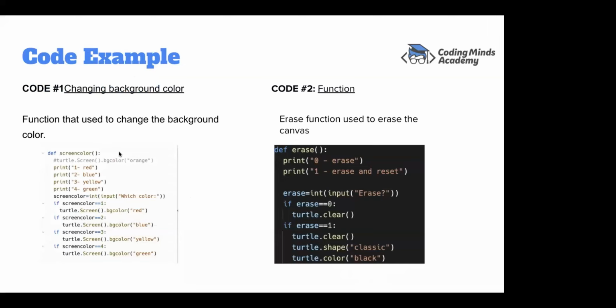And this is my code that I use to set it up. And this one is a function I use to change the background color, and this one is to erase the function in the canvas.